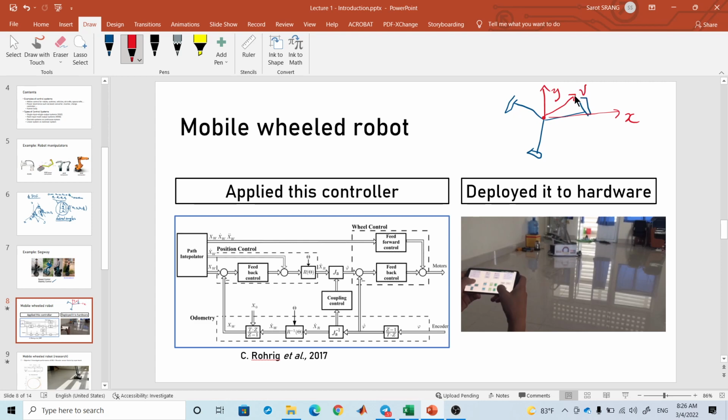You want the robot to move in this way with a certain value vx and a certain value vy. Then you can compute the velocity of each wheel. The wheels must rotate in a certain way such that the robot can move in this direction.